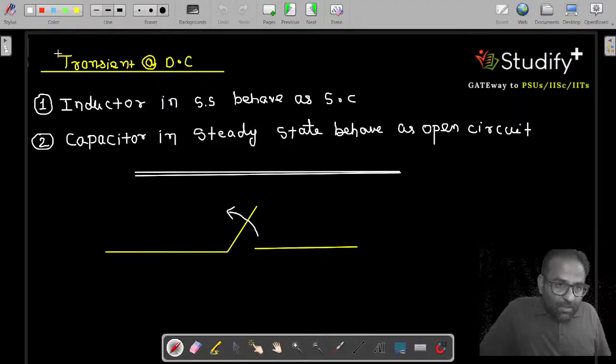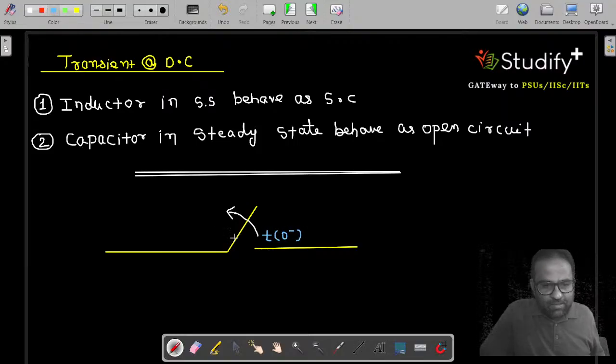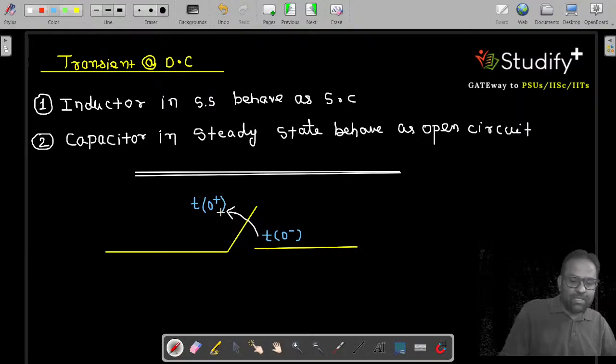Now this tail of the arrow represents t equal to 0 minus, and the head of the arrow represents t equal to 0 plus. What is the meaning of 0 minus and 0 plus?